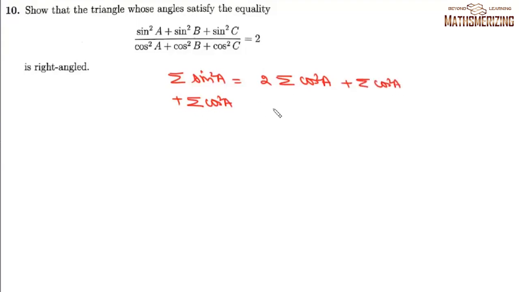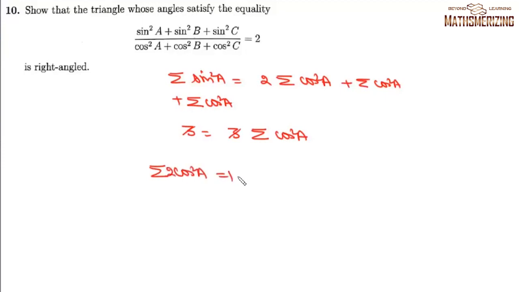The summation here is cyclic summation. So here we have sin²A plus cos²A plus sin²B plus cos²B plus sin²C plus cos²C. On the left hand side we'll get 3, and here will be 3 times summation cos²A. Now we'll cancel this 3 with 3. So we can write summation cos²A is equal to 1.